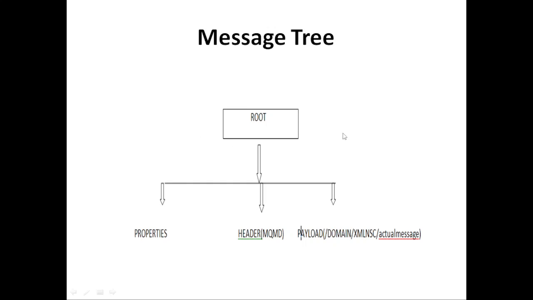The root is the parent, and the properties, header, and payload are the children of the root. The properties is called the first child of the root, and the payload is called the last child of the root. Concentrate on the words first child and last child, because we are going to use them in the ESQL code.